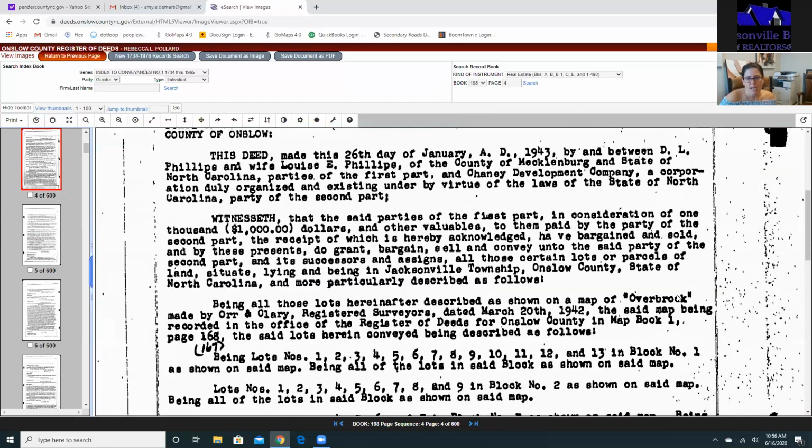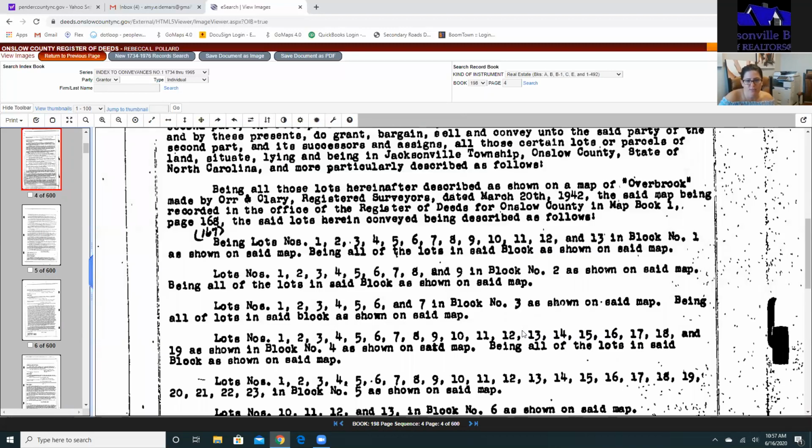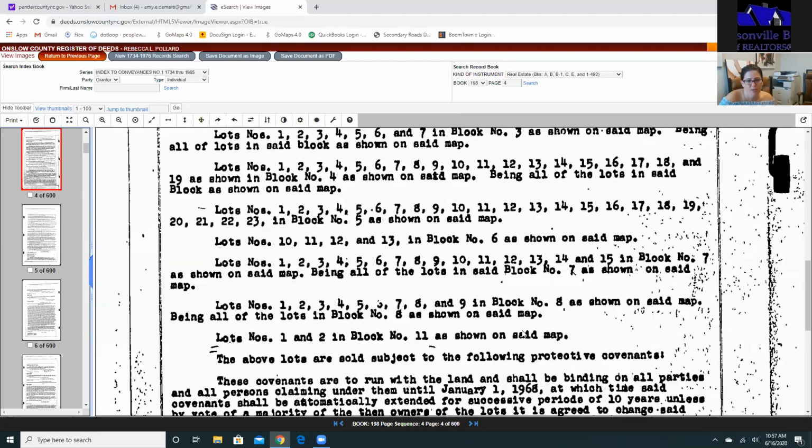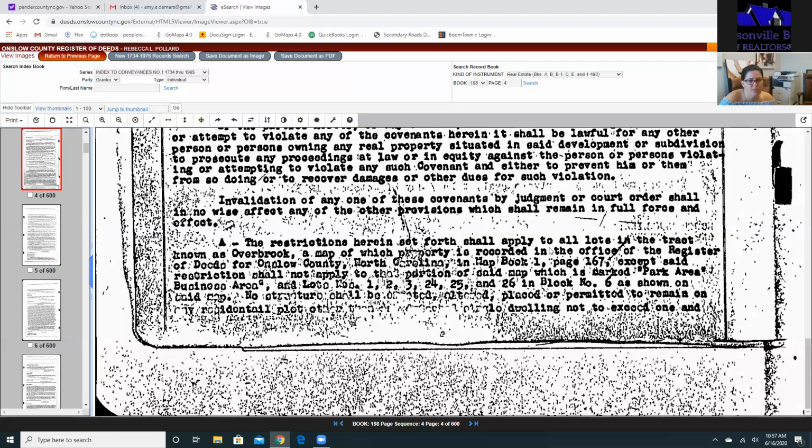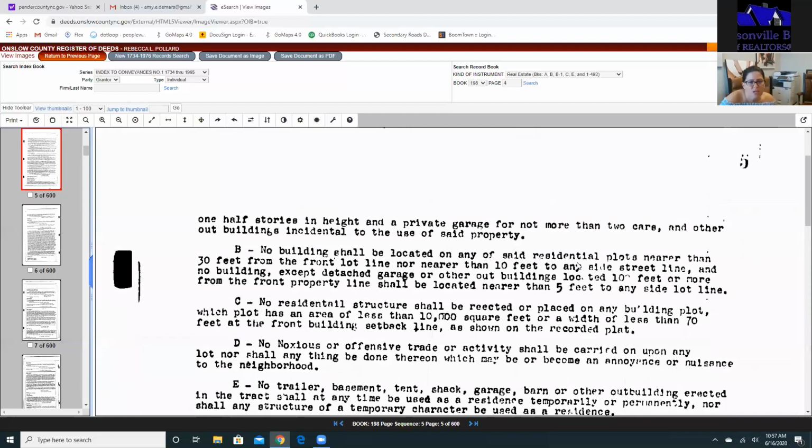So this one, and I do have 2 lots listed in Overbrook. So if anybody wants to buy some lots. But if I'm listing a lot in Overbrook, and let's say it's lot 6 and 7 in Overbrook, great. Looking at this, going through, okay, these are the restrictive covenants.